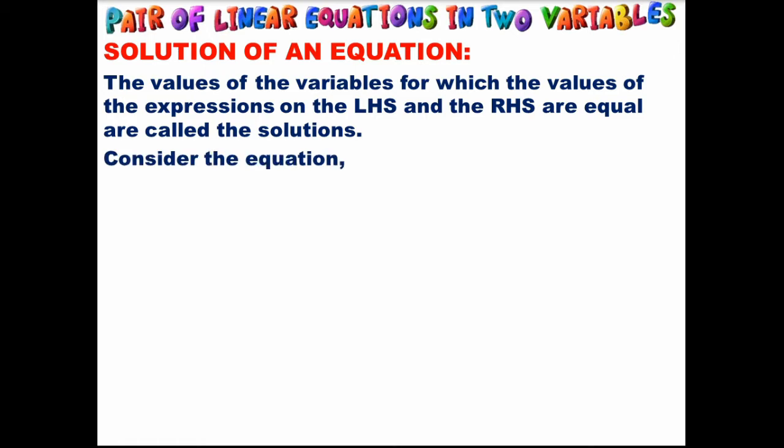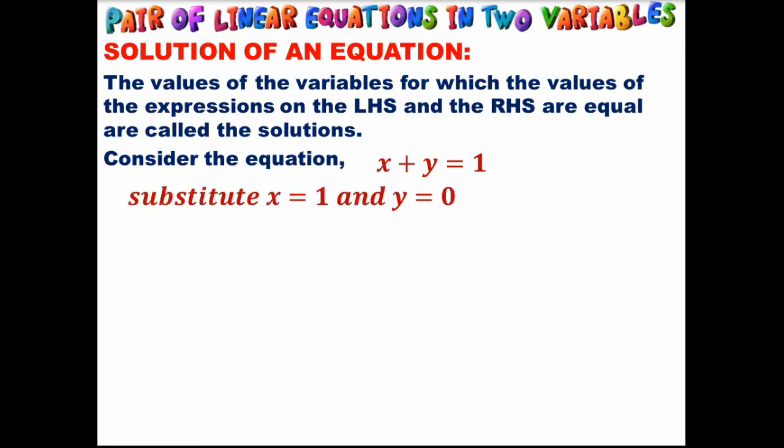Now let's explain it through an example. Consider the equation x + y = 1. Now let me substitute values for x and y so that the values of both the left hand side and right hand side are equal. For example, let me substitute x = 1 and y = 0. What happens to the left hand side?